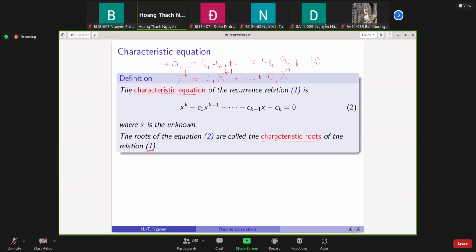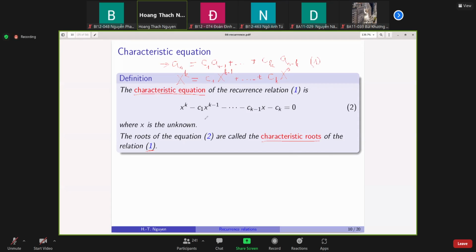But in the exercises, to simplify your life, we will only deal with relations which have real characteristic roots. Don't worry. But if you like, you can also use the complex roots.